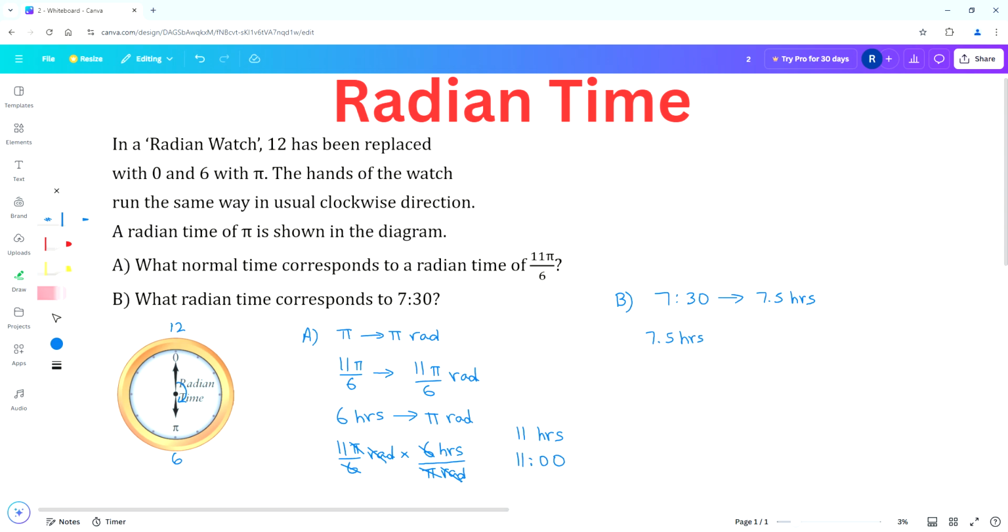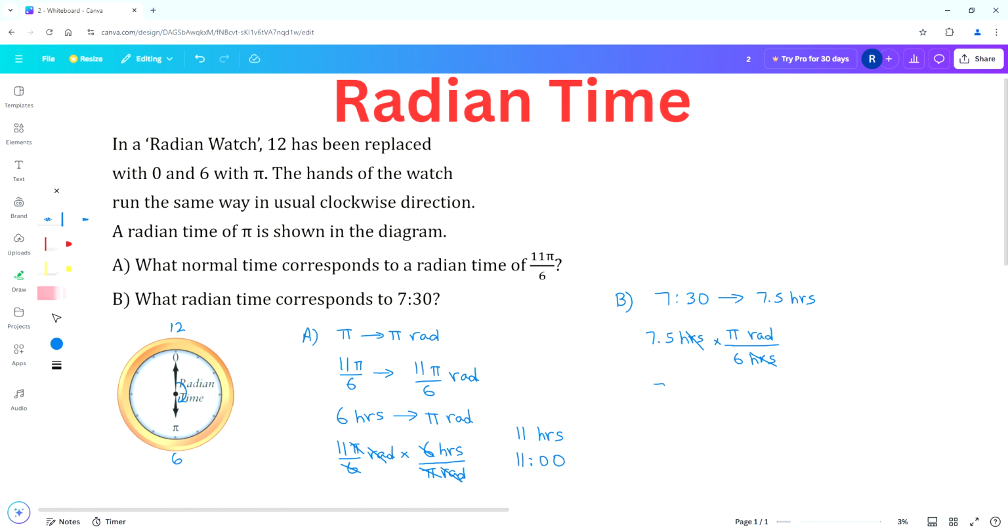We should multiply 7.5 hours by pi over 6. We have to use the conversion rate that 6 hours on a normal watch correspond to pi radians on the radian watch. We keep the hours unit in the denominator because we want to cancel it out.